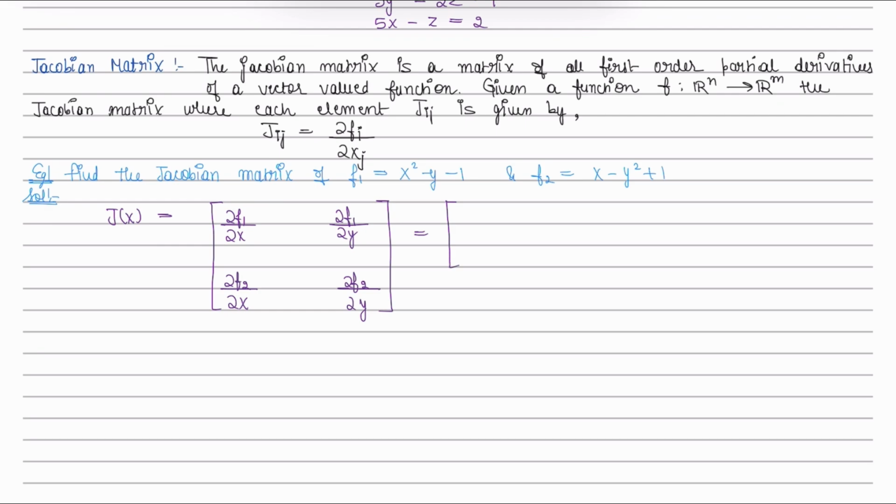This becomes 2x and minus 1 here, 1 and minus 2y.